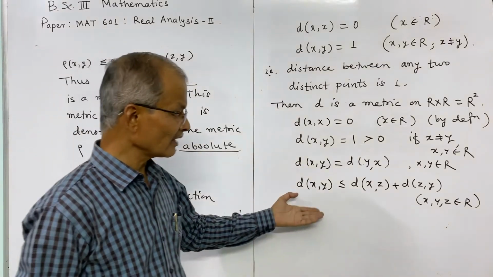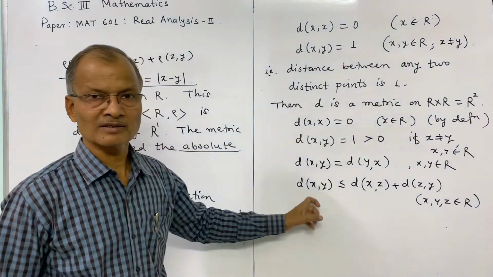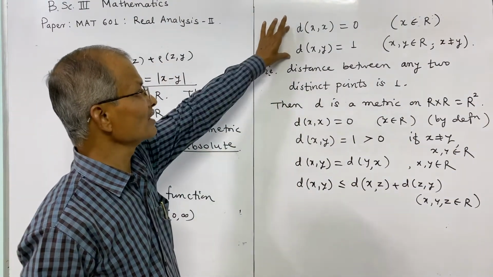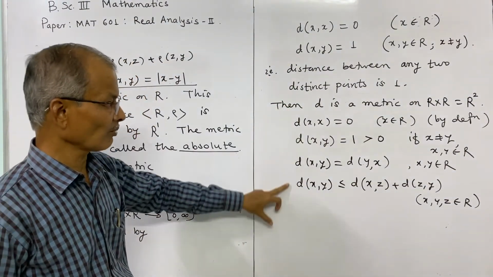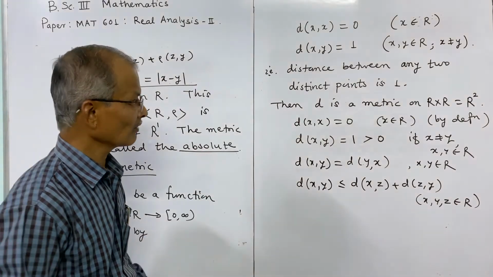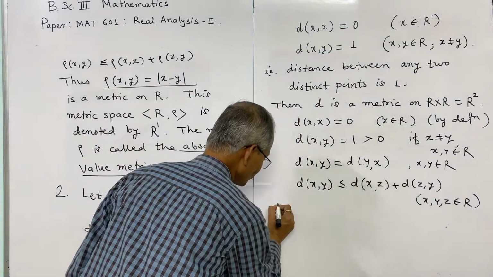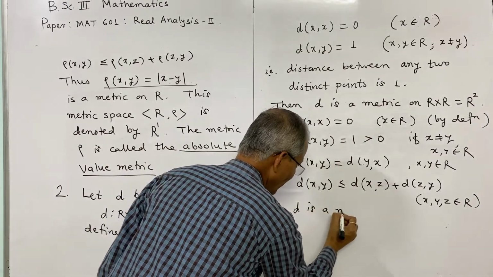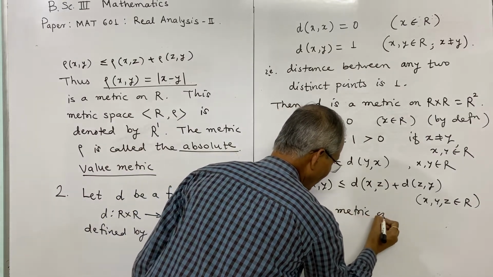So in any case, this triangle inequality is going to be satisfied, and therefore this is a metric. This satisfies the 4 properties of a metric. Therefore D is a metric on R2.